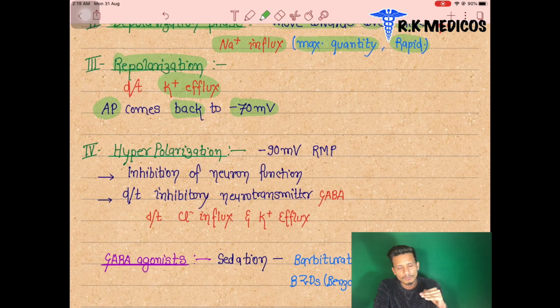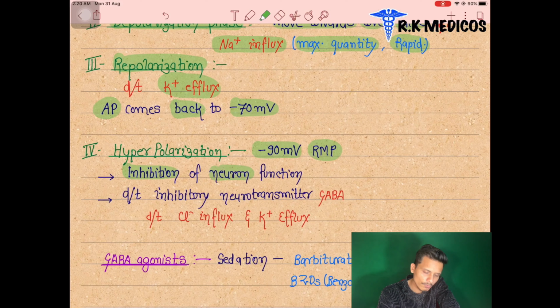It becomes more negative inside the cell, and this more negative potential leads to hyperpolarization, not repolarization. It leads to hyperpolarization of the cell, a more negative value inside the cell, around minus 90 millivolt, which is the resting membrane potential of any other cell, and it inhibits the neuron function.